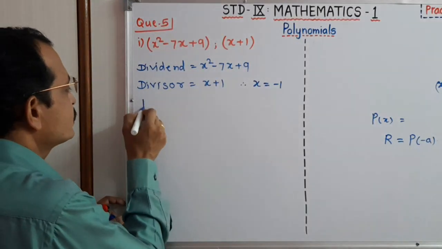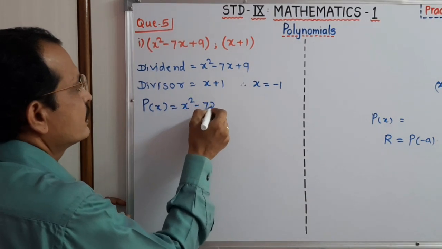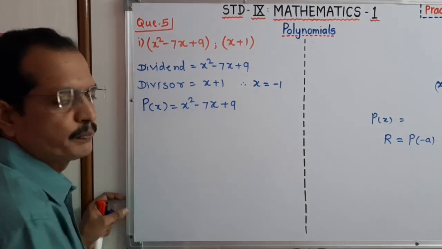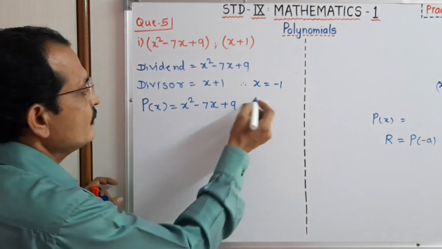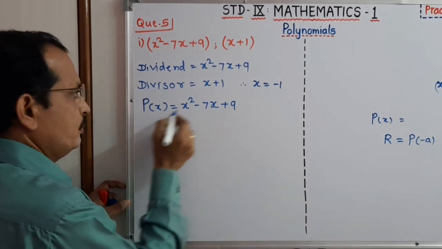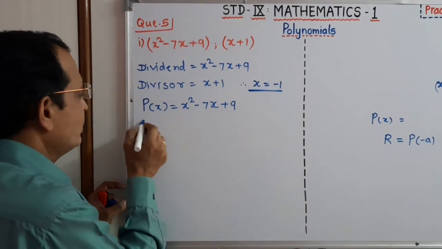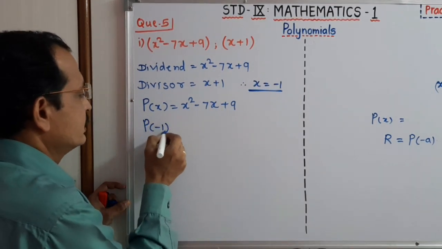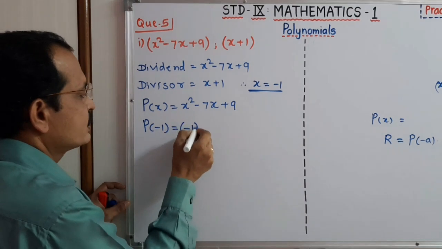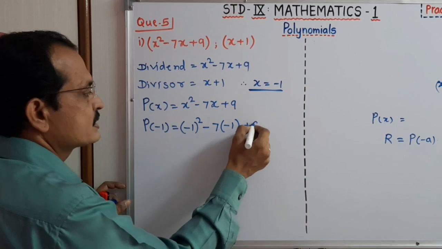Therefore, dear student, first of all we have to write p(x) is equal to x square minus 7x plus 9. Then we have to find the remainder. Therefore, find p(minus 1), which is equal to minus 1 square minus 7 into minus 1 plus 9.